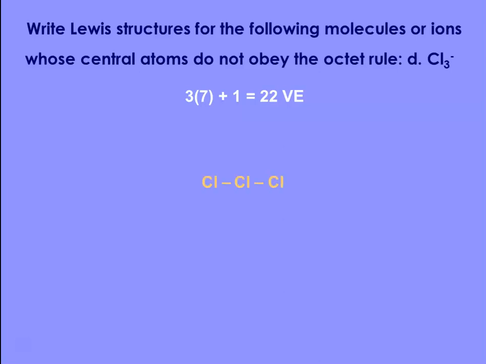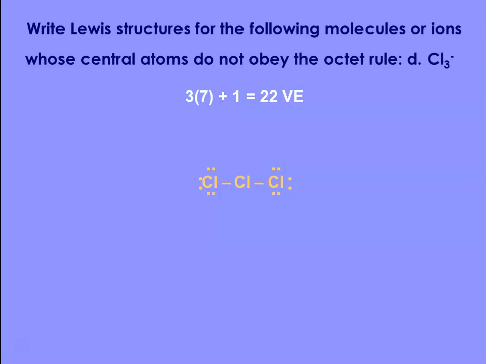So we're going to connect the chlorines to one another, using up 4 of my 22 electrons, and we're going to use up 12 more of my electrons to take care of the chlorines that are terminal. So at this point, we've used up 16 of our 22 electrons. We have 6 pairs remaining.